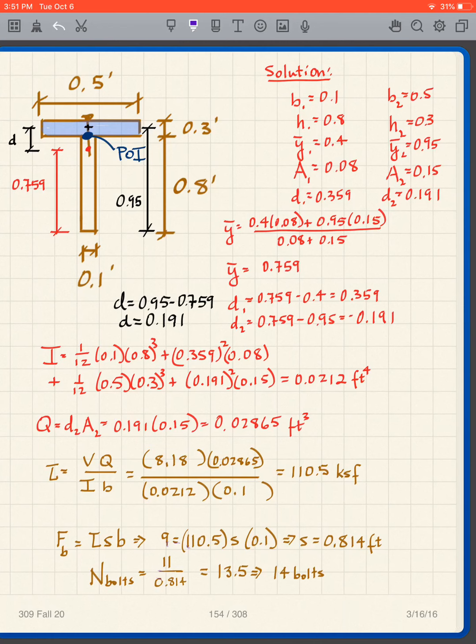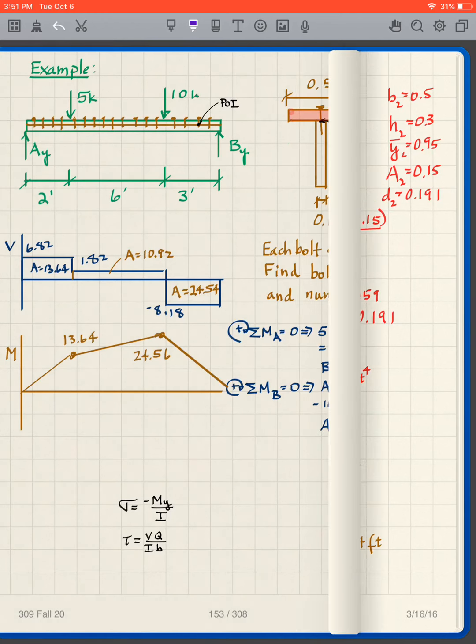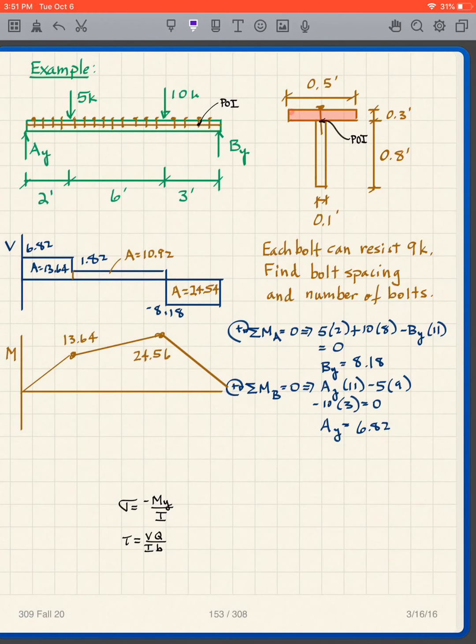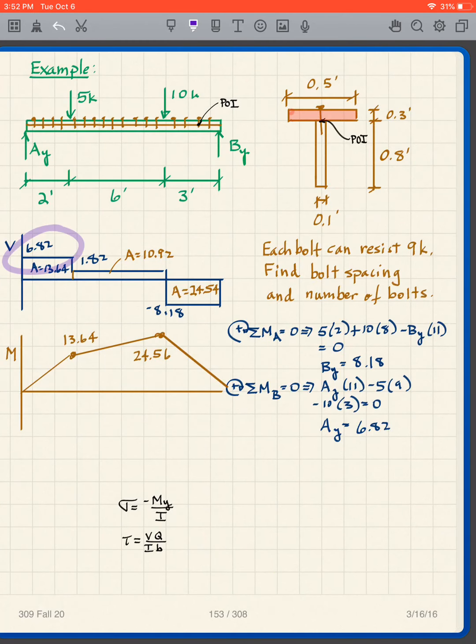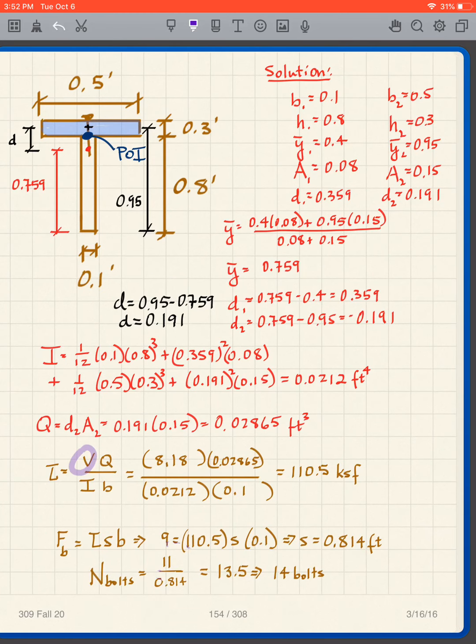My V, so I can plot my V comes from where? The shear diagram. What do we look at? We found that here's our peak positive and peak negative. I'm interested in the greatest absolute value, so I'm going to use the negative one. So my V is 8.18. The sign doesn't matter.